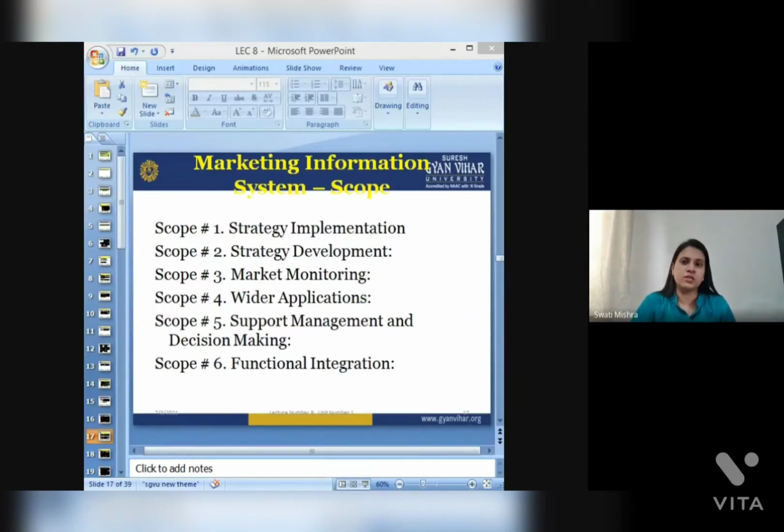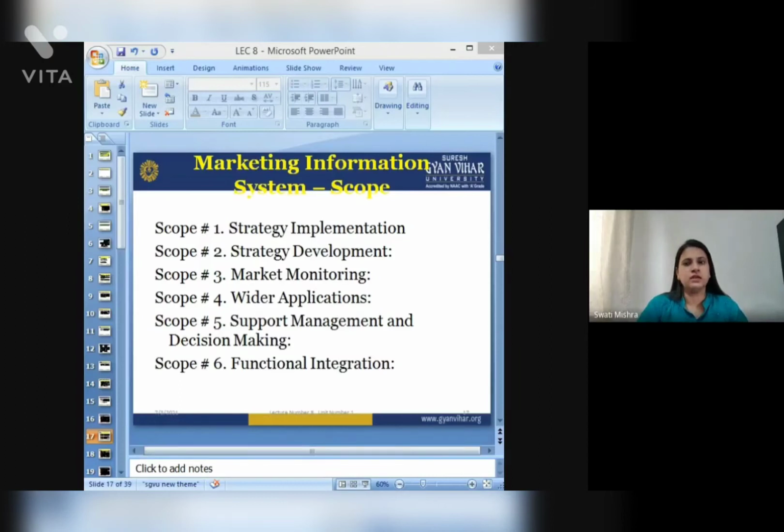So it supports the strategy development for new products, product positioning, marketing communications like advertising, public relations, sales promotions, pricing, personal selling, distribution, customer service, and of course any kind of partnerships and alliances. So MIS gives the foundation for the development of information system, and of course any kind of dependent e-commerce strategies also.